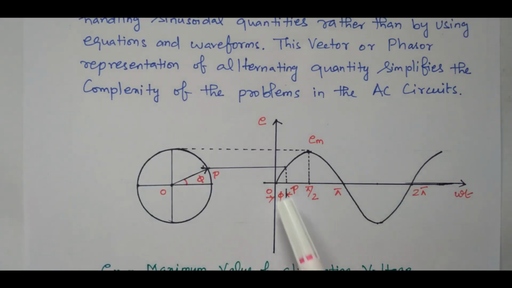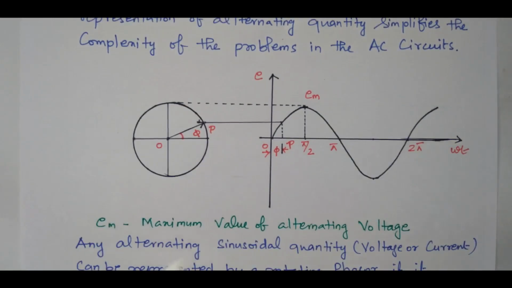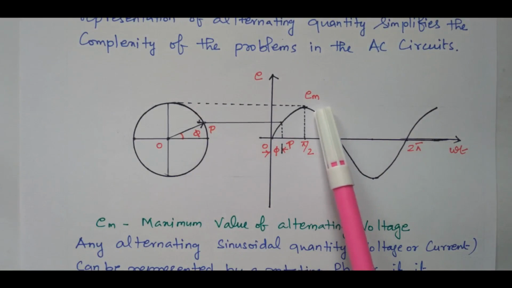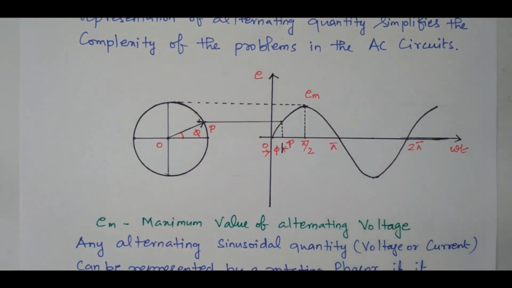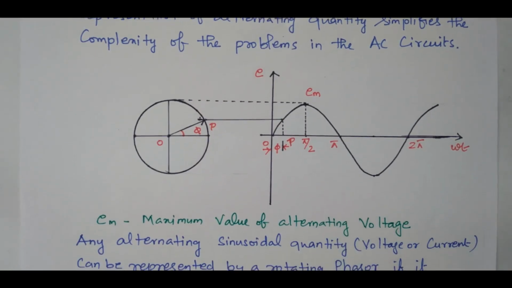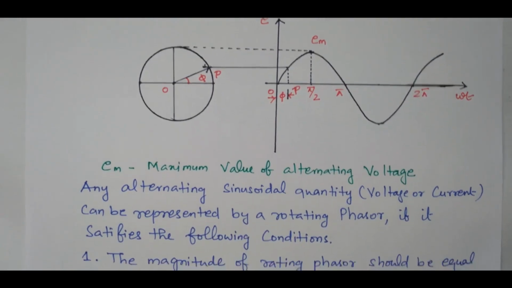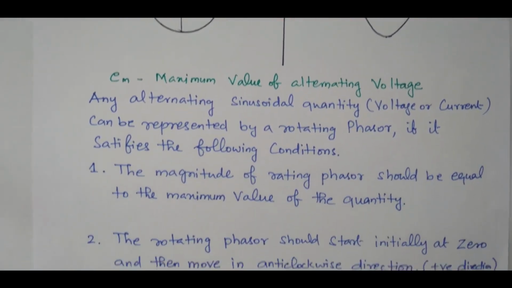So the entire sine wave can be represented as a Phasor diagram for easy understanding. This EM is nothing but the maximum value of the alternating quantity, right? In order to satisfy this Phasor diagram, there are some conditions available.